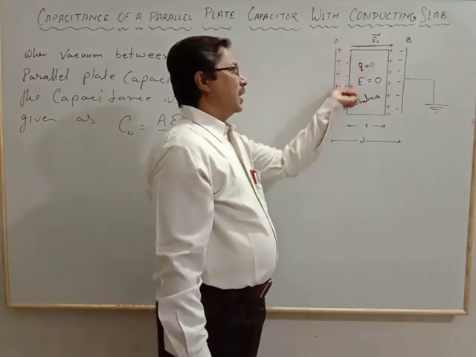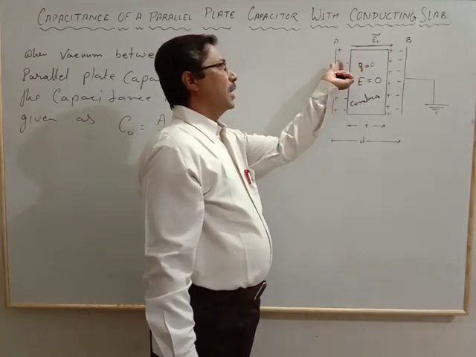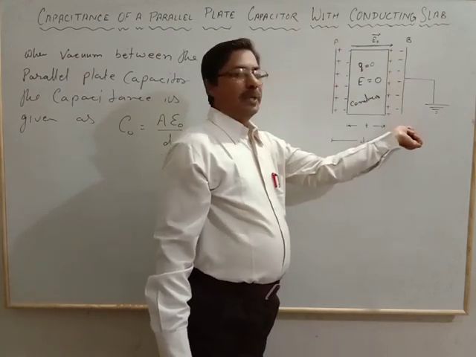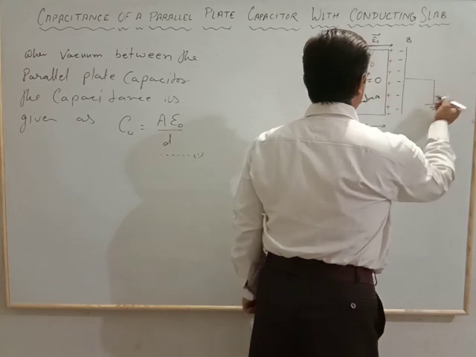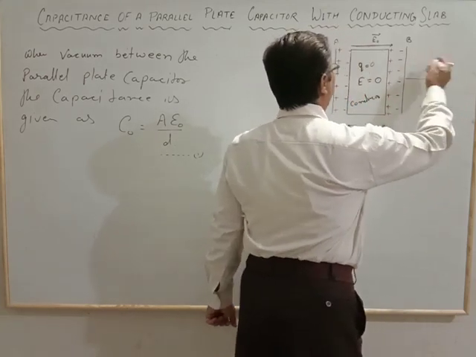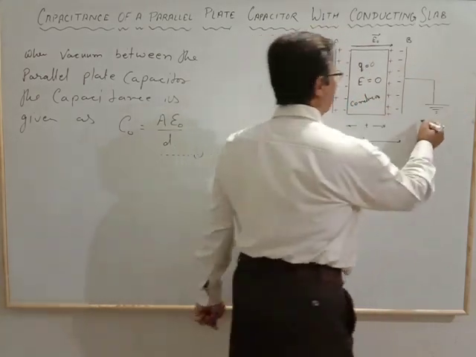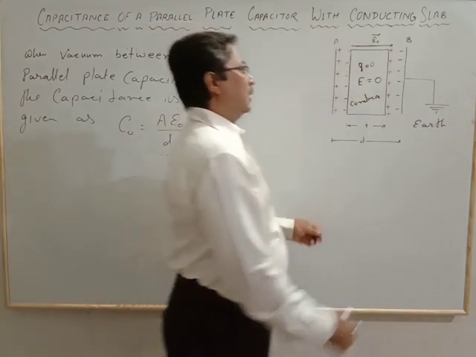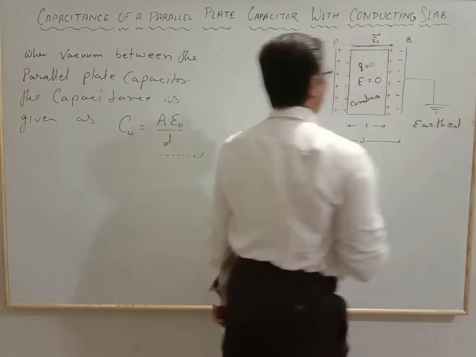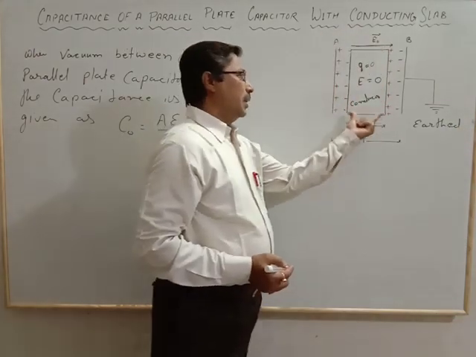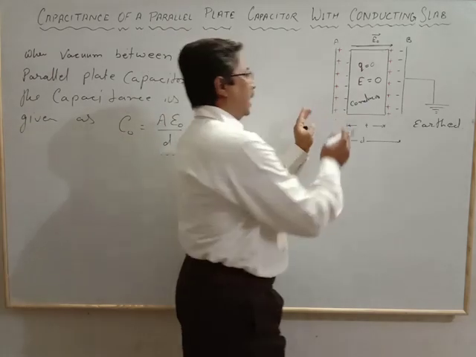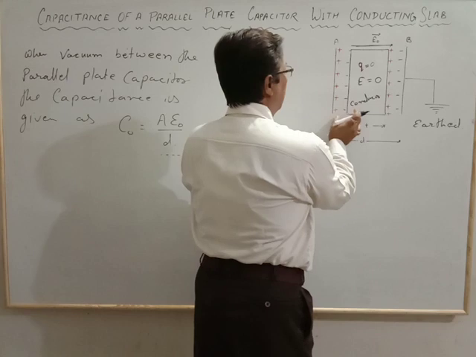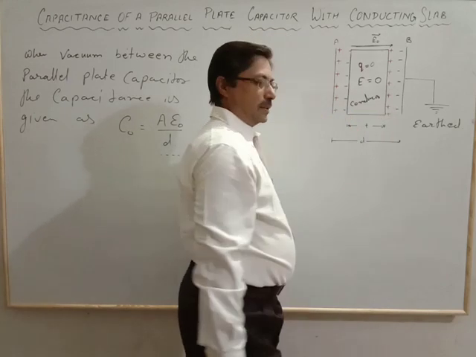The negative charge will move to the surface along plate A, and the positive charge will move along plate B, and plate B is earthed, so the positive charge of plate B gets neutralized. Now in this condition the electric field lies only in the gap where the conducting slab is not present.